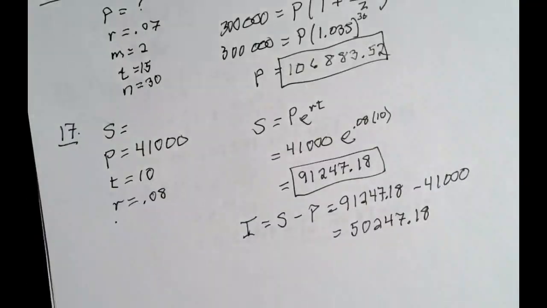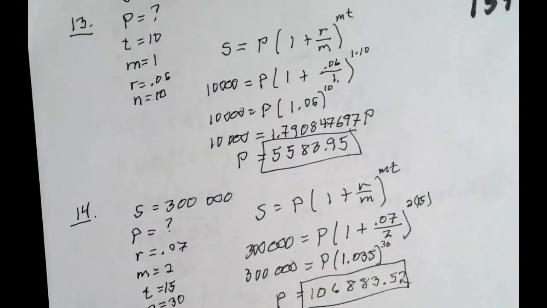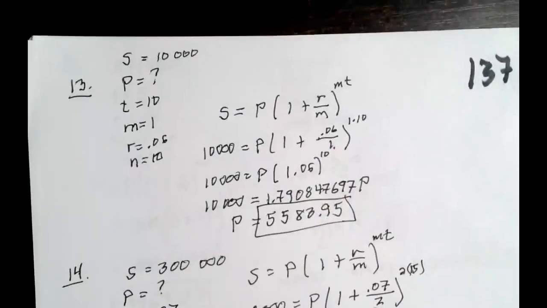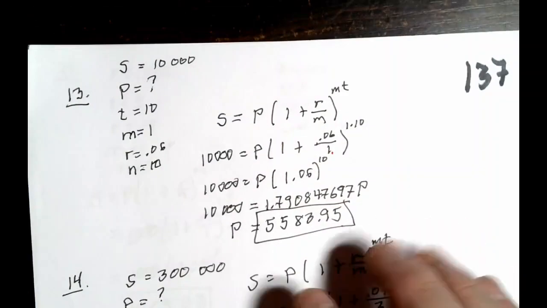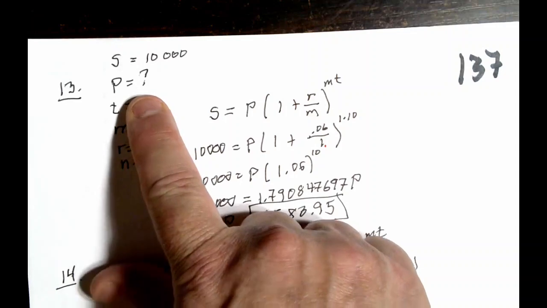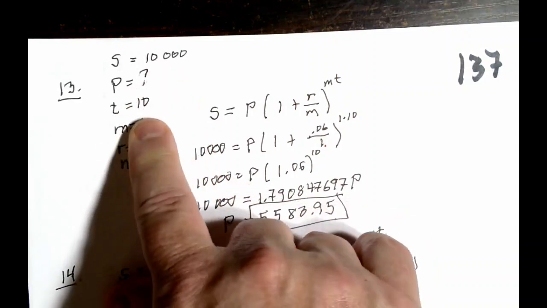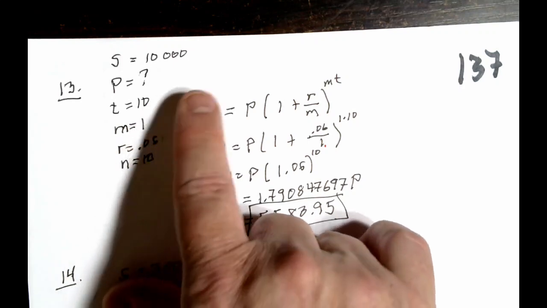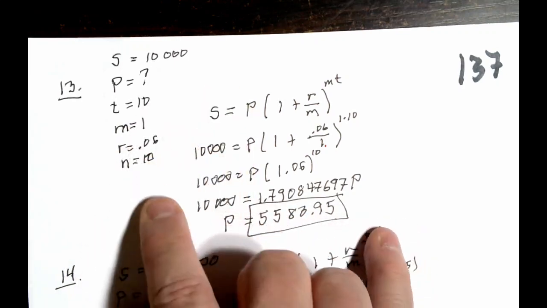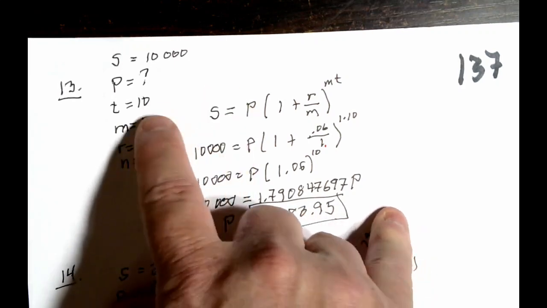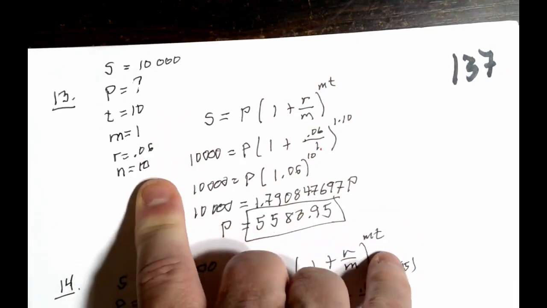Okay? Number 13. Number 13 says, what present value P amounts to 10,000 if invested for 10 years at 6% compounded annually, so M is 1. So M times T is N, which is 10.